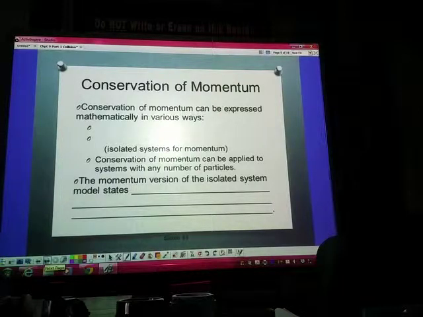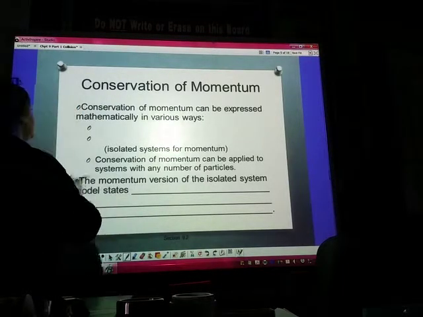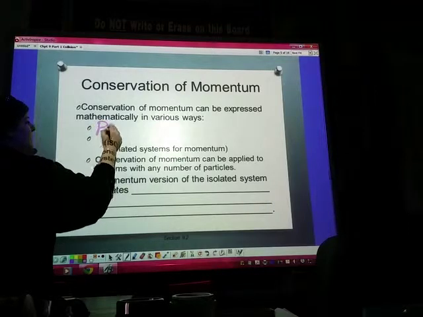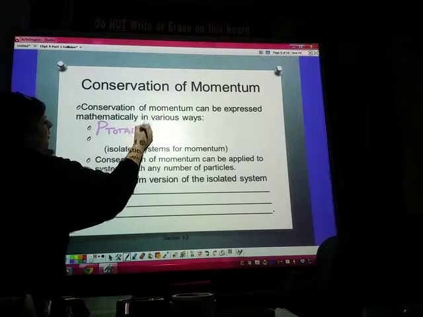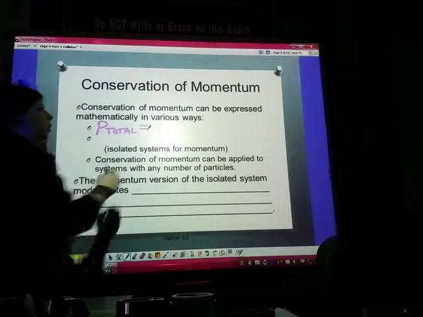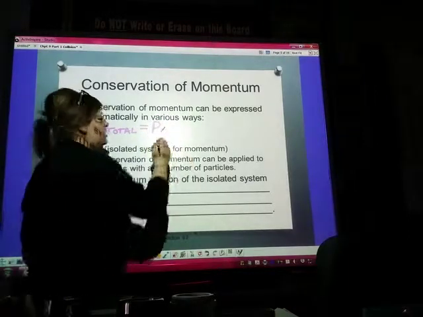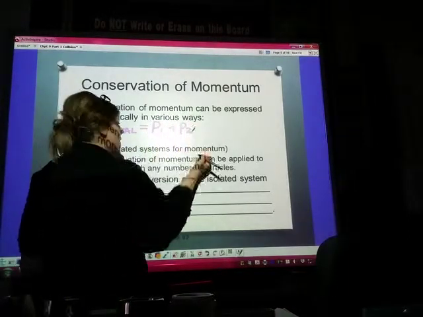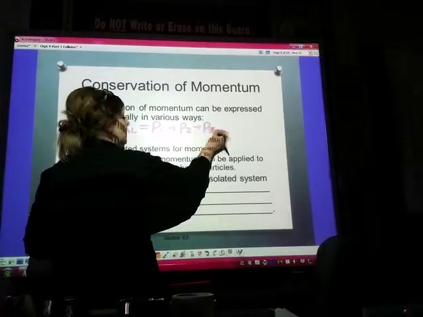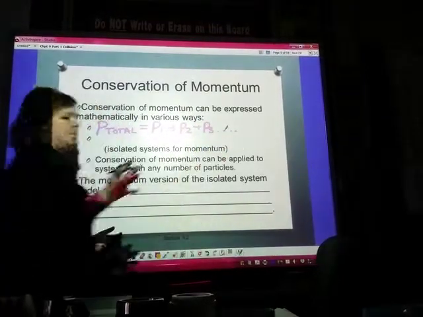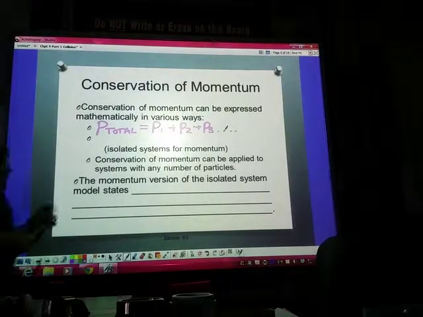Okay, so for us, we always want to talk about how momentum is conserved. So conservation of momentum can be expressed in a couple different ways here. If I think about the total amount of momentum in a system or in a collision, then let's just say that P total is going to equal the momentum of one of the objects plus the momentum of another object plus the momentum of another object, so on and so forth, depending on how many objects you have.